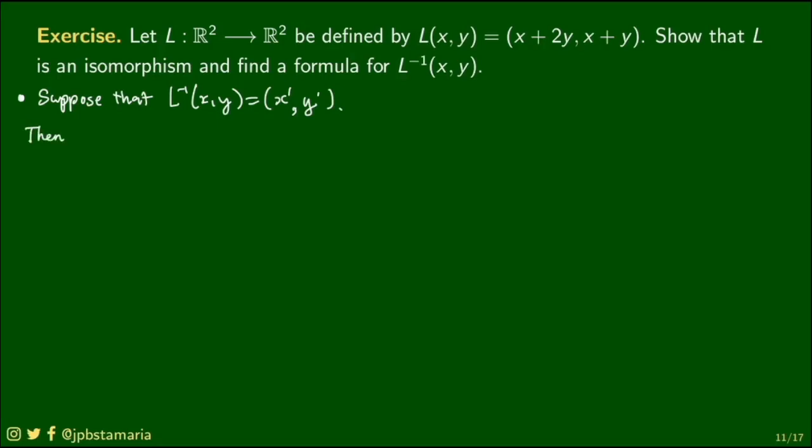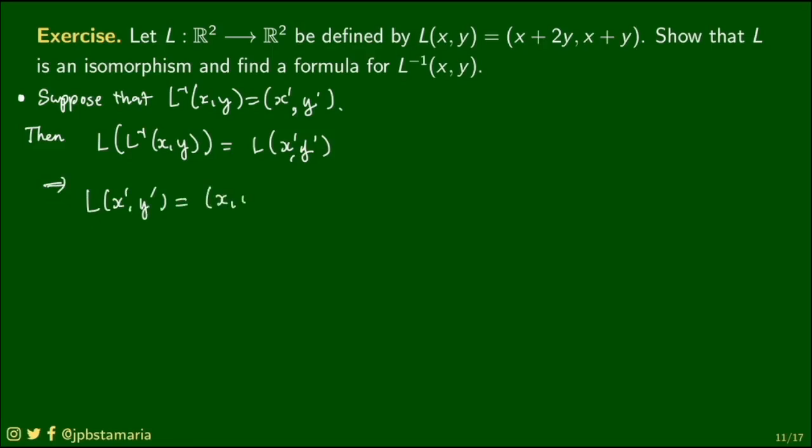So as you can see, if I apply L on both sides, the left-hand side will cancel, no? Right? That will cancel because L circle L inverse is the identity. But in this case, it doesn't matter which space because the domain and the arrival space are the same. So it follows that L of (x prime, y prime) equals (x, y).